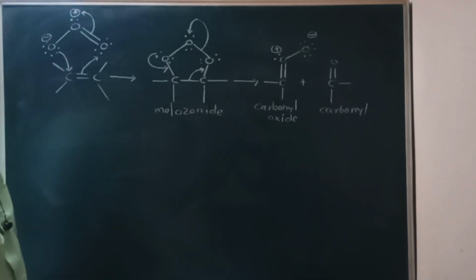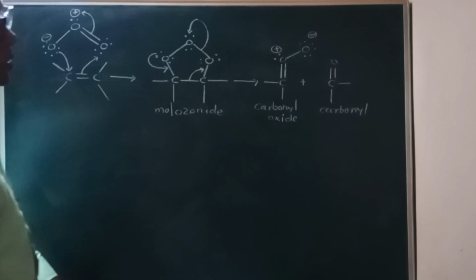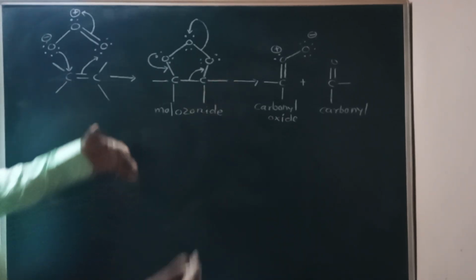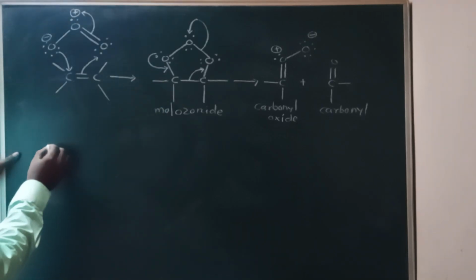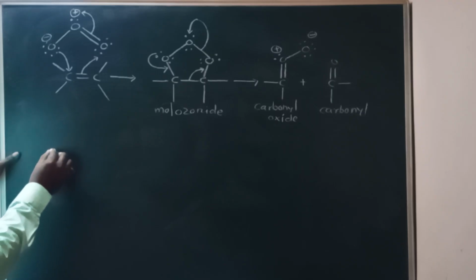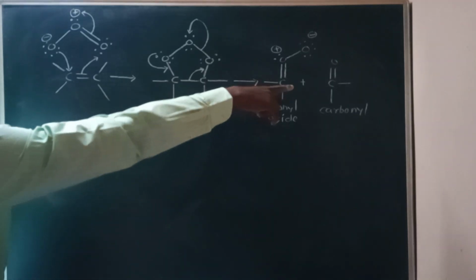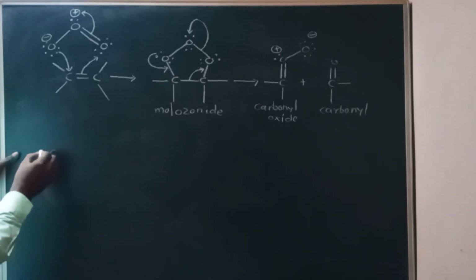Got it? Yes. So in the next step, what happens? These two fragments rejoin together, giving the ozonide of the reaction. So let's write those two fragments of molozonide like this. It's a carbon. I'm taking first of all that carbonyl fragment, then dash, then dash.